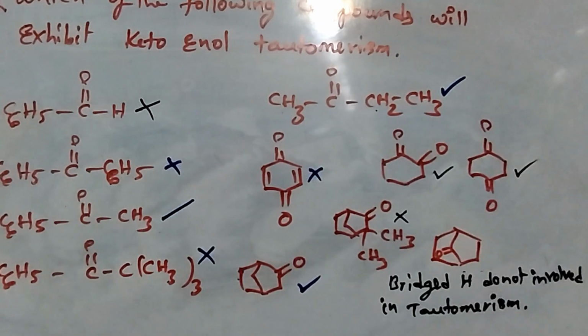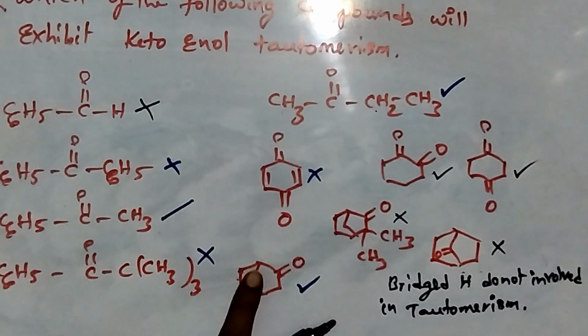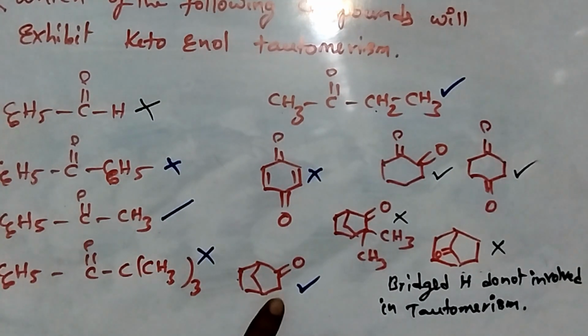Bridged hydrogens do not involve in tautomerism. See, like here one side hydrogen is a bridged hydrogen, another side hydrogen is a bridged hydrogen. Okay, so this is about keto-enol tautomerism.